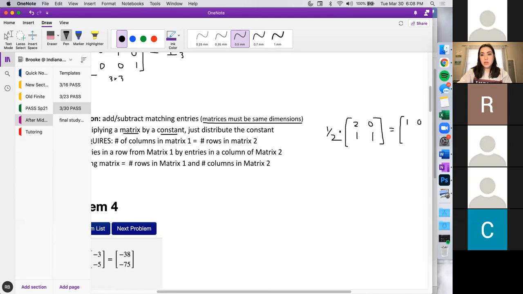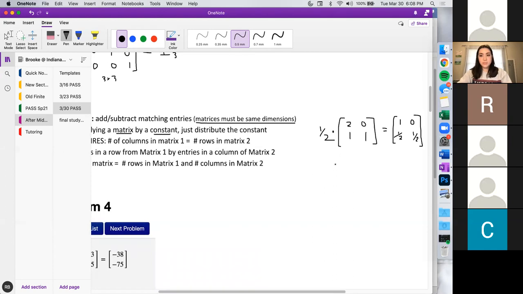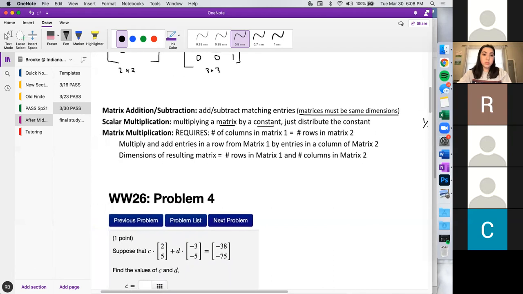So it would be this. It's called scalar because you're scaling the matrix. So this scaled it down by 1/2. If I wanted to scale it up by a factor of 3, I would take 3 times my matrix. So that's why it's called scalar multiplication.